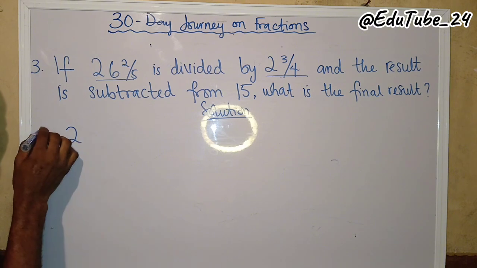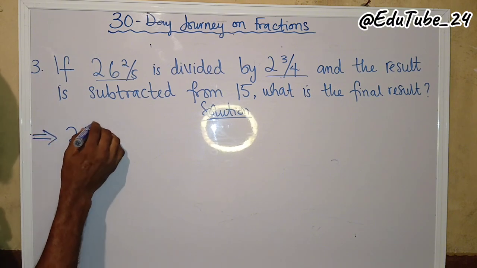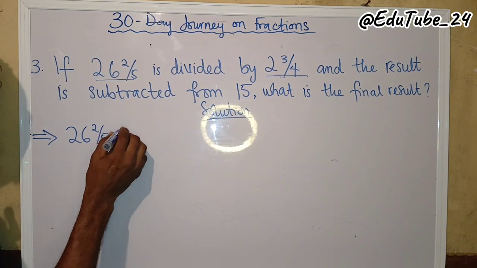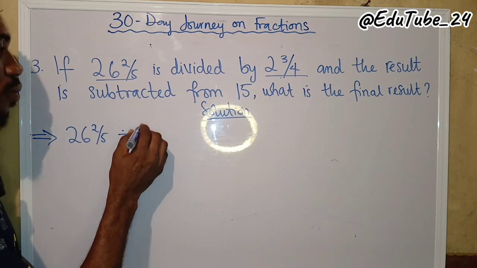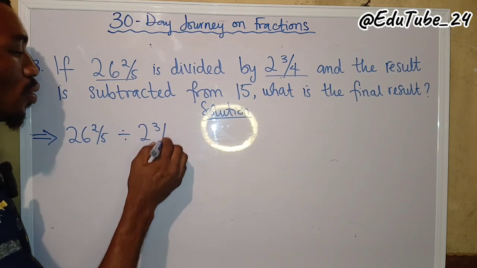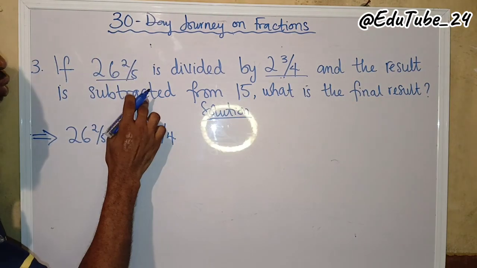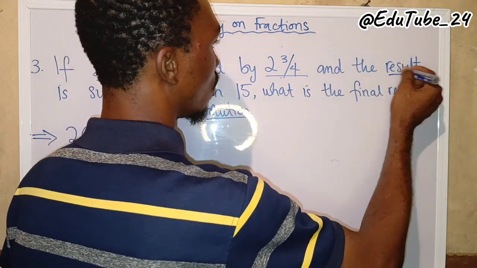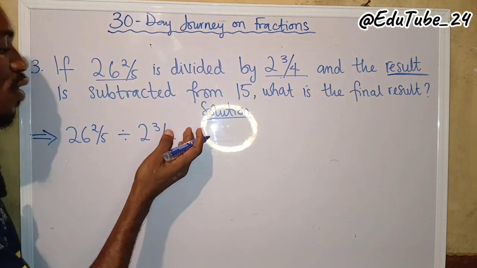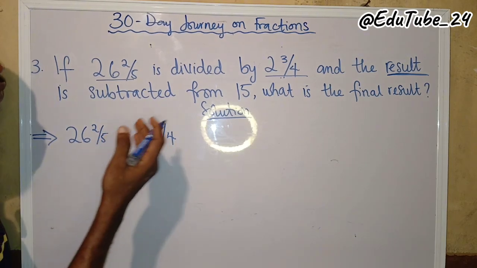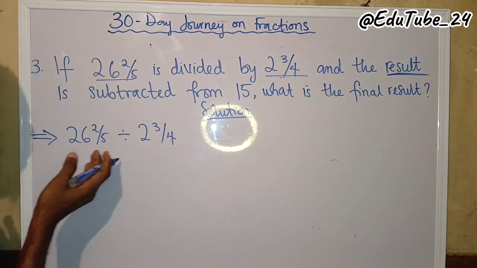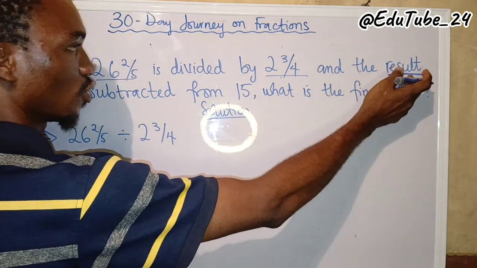So let's interpret that. 26 whole number 2 over 5 divided by 2 whole number 3 over 4, and the result is subtracted. And the result, now result means whatever we get after dividing this, and we have not gotten the result, which means that we have to solve this and get the result we are talking about.